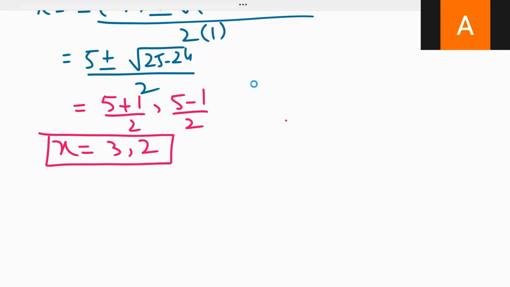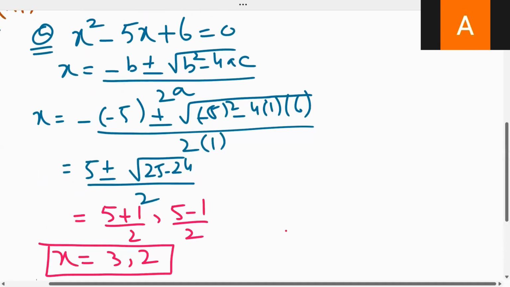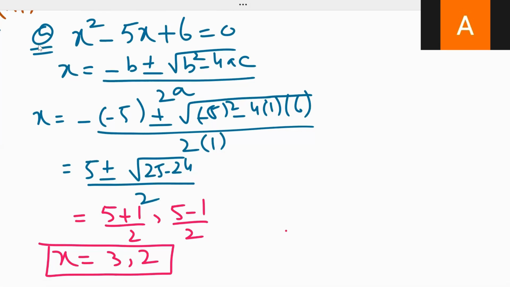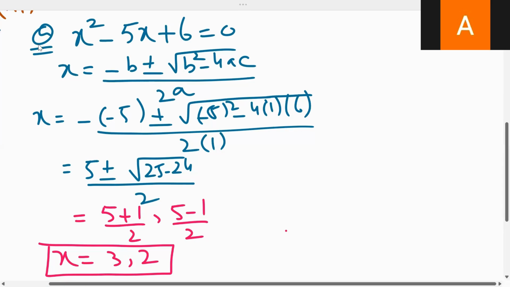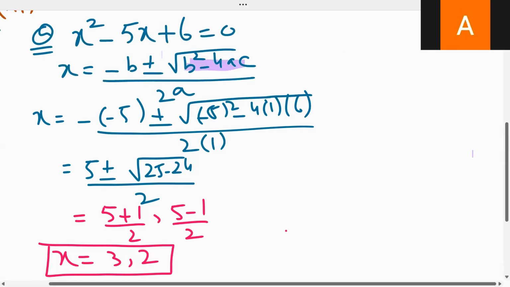But without applying this whole method, we have another way of finding the nature of the roots by using the expression inside the square root, b square minus 4ac. This is called the discriminant of the equation.